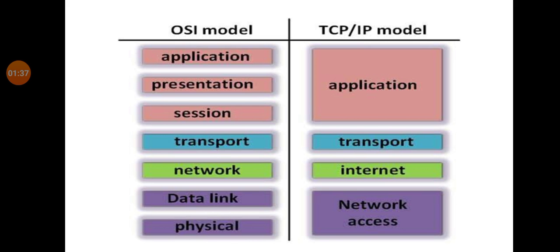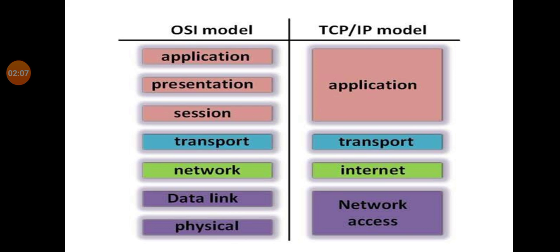Then the bottom 2 layers of the OSI model, that are the data link layer and physical layer, are combined together and their work is done in one single layer, that is the network access layer in the TCP/IP model. So the OSI model has 7 layers and TCP/IP has 4 layers. This is how some layers of the OSI model are combined into only one layer in the TCP/IP model.